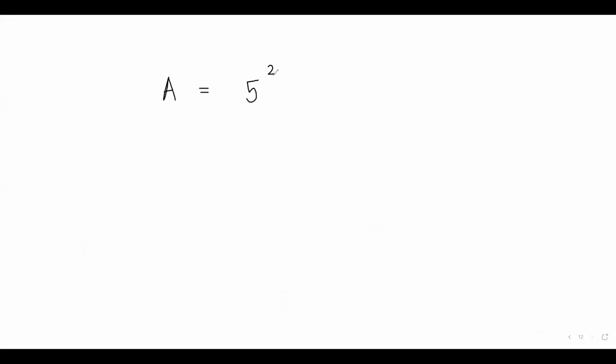Because the power is a square. Yes or no? If I tell you b is equal to 2 squared into 3, is this a square number? No. This is a square number, but this is not a square number. I need one more 3.